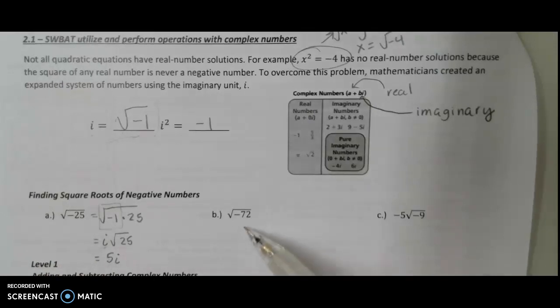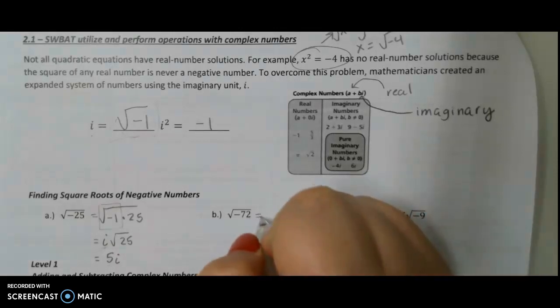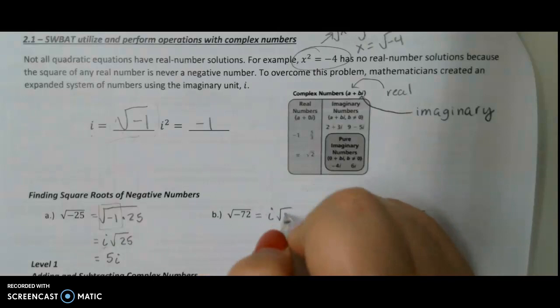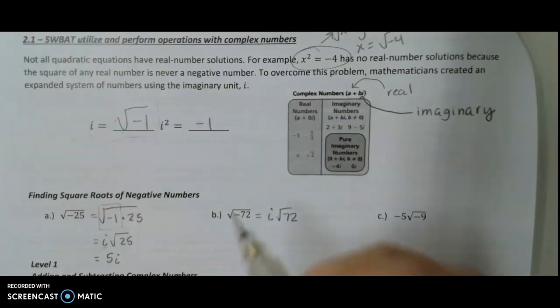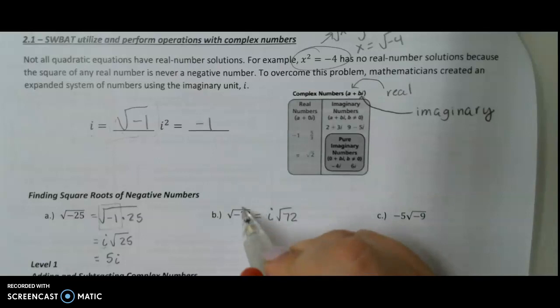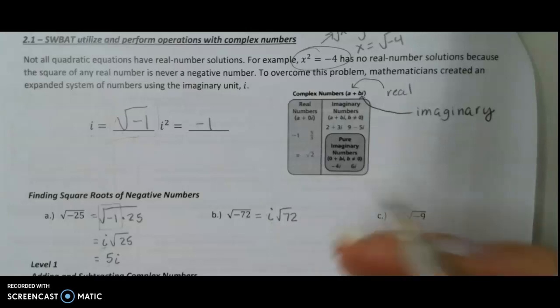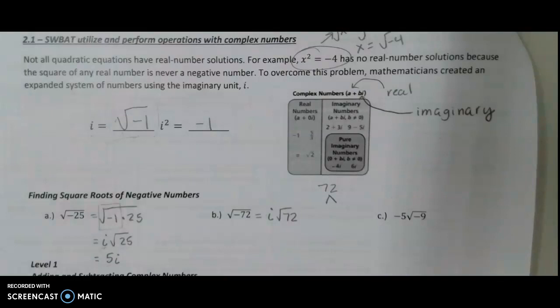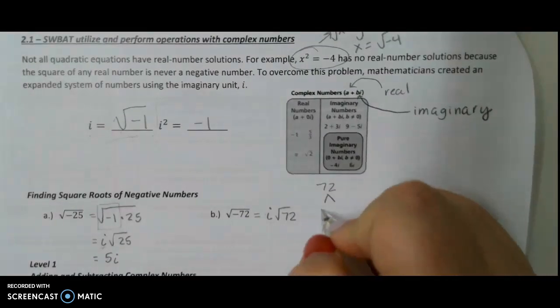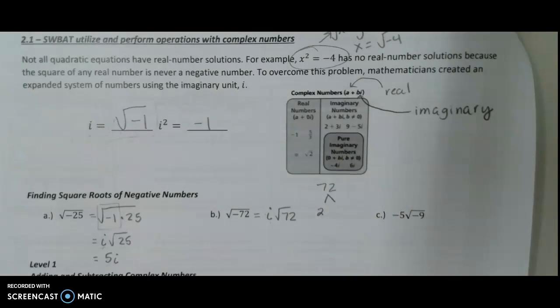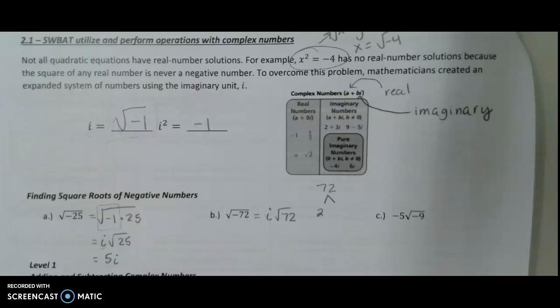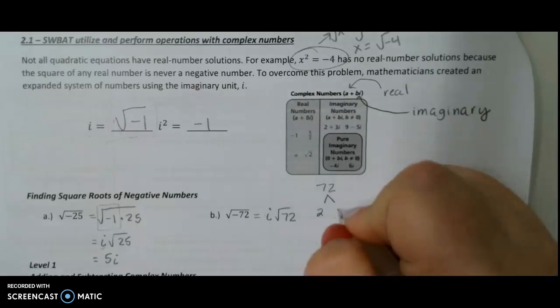The next type of question is something like the square root of -72. First, I'm going to rewrite that as i times the square root of 72, because taking the -1 out of the square root is going to make it i. Then I can break down 72 by doing a classic factor tree. 72 is 2 times 36.